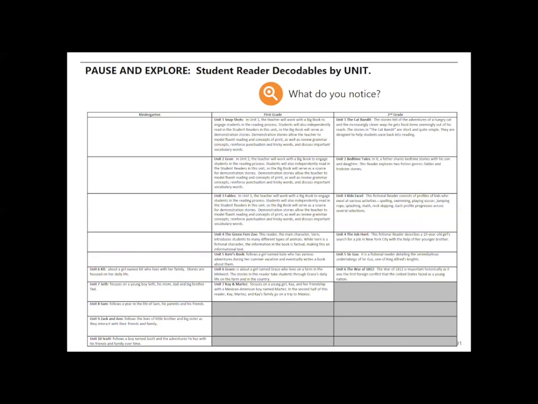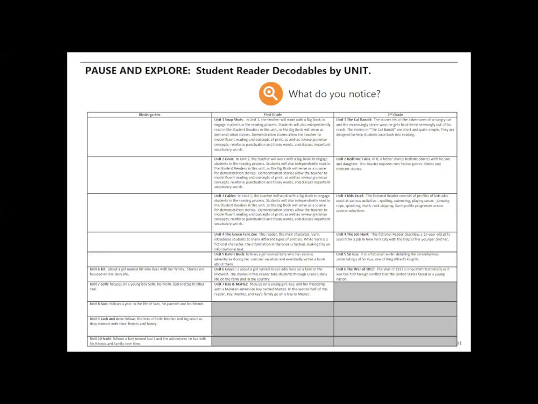Students will read a wide variety of text, both fiction and nonfiction, that are 100% decodable. Keep in mind that before Unit 6 in kindergarten, the teacher is using those decodable big books. And at the beginning of first grade, teachers are using a combination of big books and student readers.